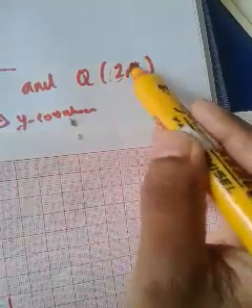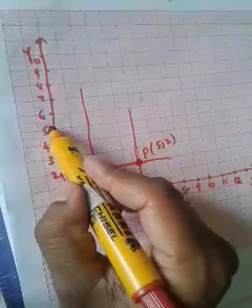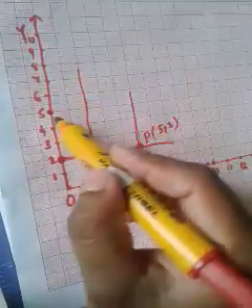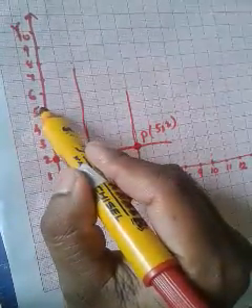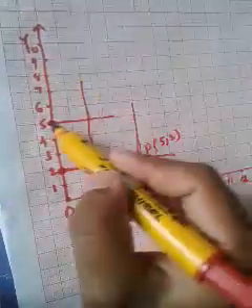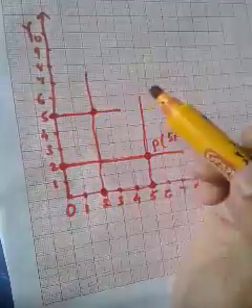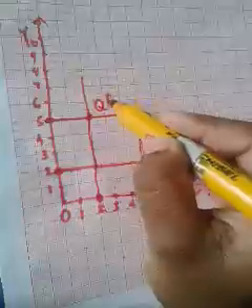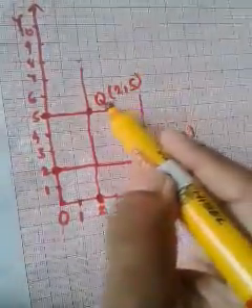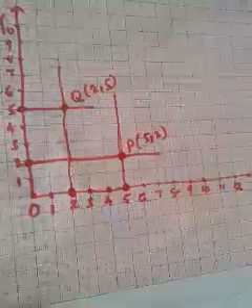So you have to choose 5 from the y-axis. This is your 5, no? By using that 5 you can draw another line. And that line and this line will meet at a point here, no? That point is known as your Q(2, 5). 2 from the x-axis and 5 from the y-axis.